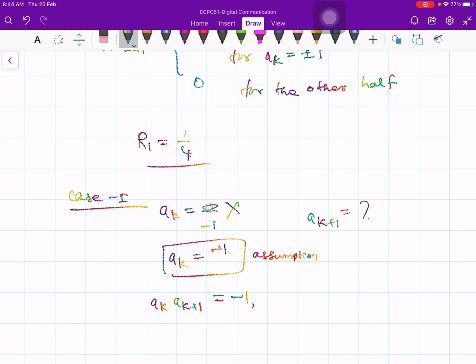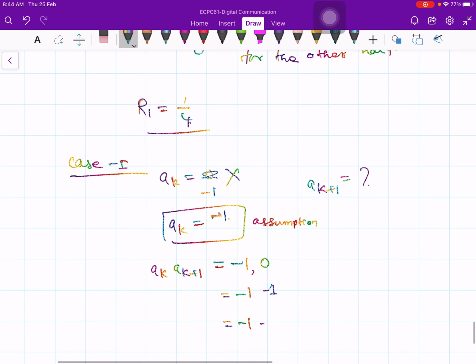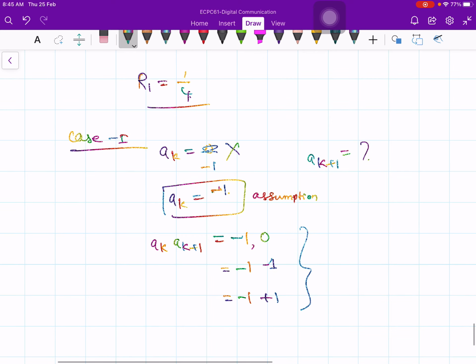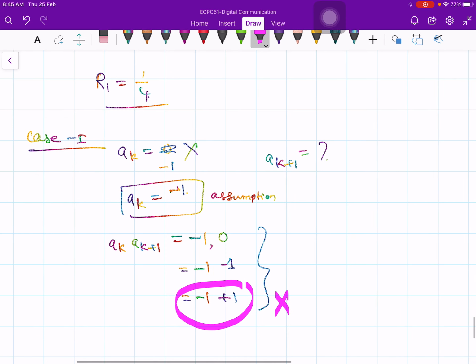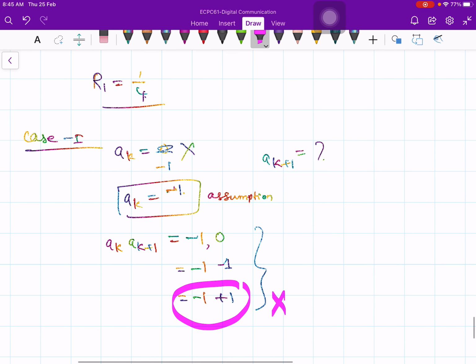So minus 1. AK plus 1 can be 0, or AK plus 1 can be, what could it be? It can be minus 1 or plus 1. Minus 1 and plus 1. Out of these three combinations, which is not possible? This one is not possible. Why? Because let's say this is my current digit.